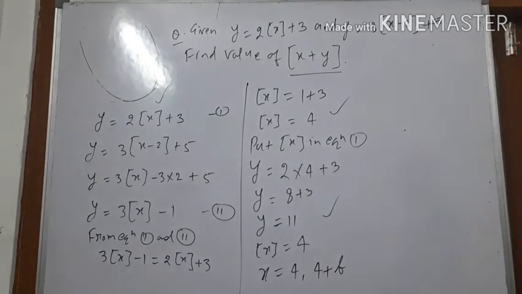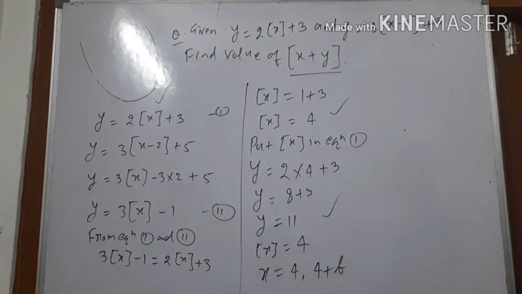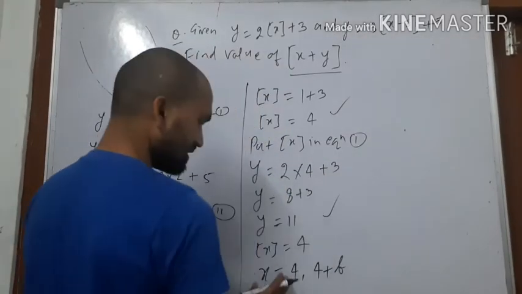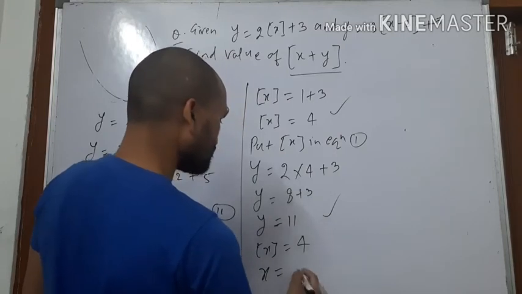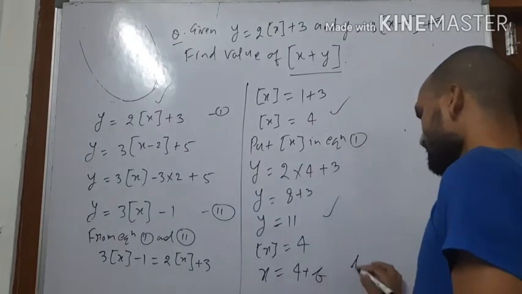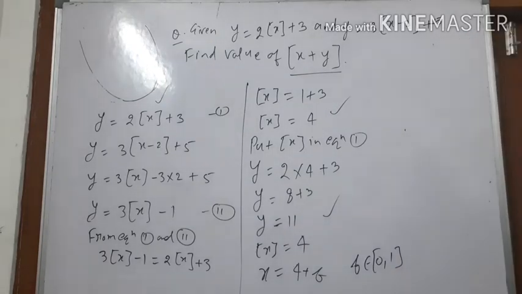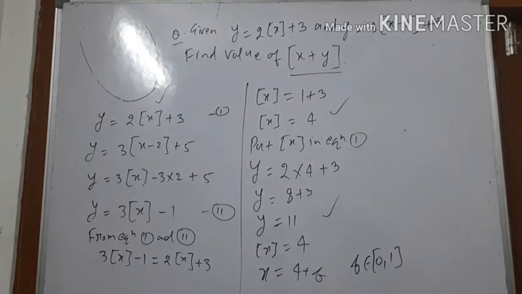It will be some decimal value f maybe, or we can write in single form, that x should be 4 plus f, where f belongs to the interval from 0 to 1, open at 1. Okay, this is the solution of x.